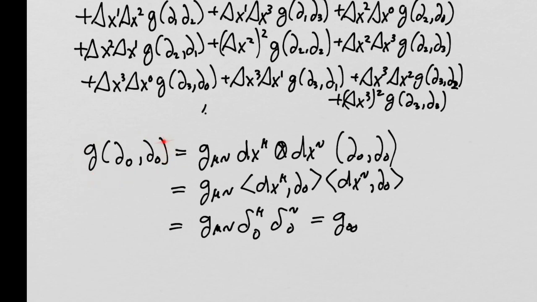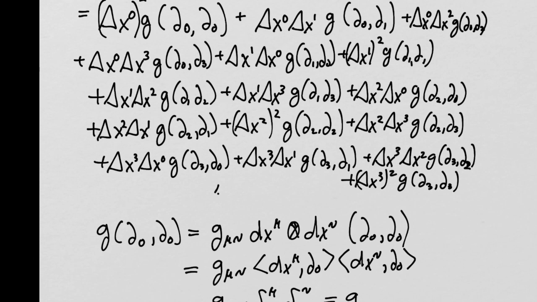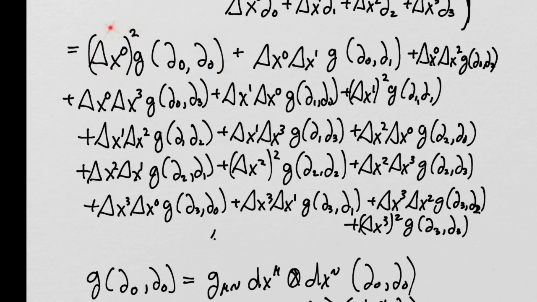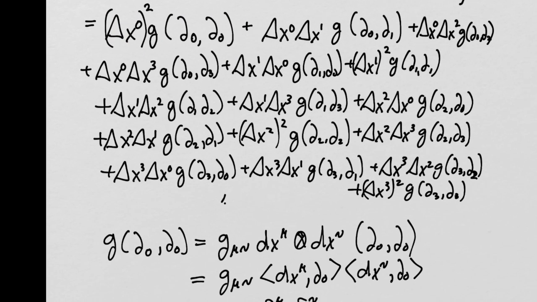So this is, and this should be no surprise, the definition of the 0,0 component of the metric tensor, right? So this first term here, which is delta x0 squared, we can replace with delta x0 squared g00.